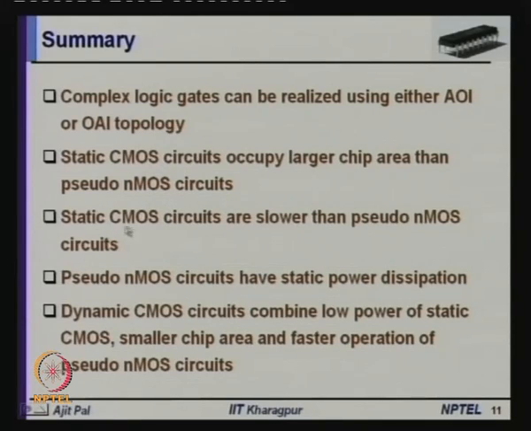We have also seen that static CMOS circuits are slower than pseudo NMOS circuits because of the smaller capacitance and smaller area of pseudo NMOS circuits. However, as I have told, pseudo NMOS circuits have static power dissipation, and as I have mentioned, dynamic CMOS circuits combine the low power of static CMOS with the smaller chip area and faster operation of pseudo NMOS circuits.